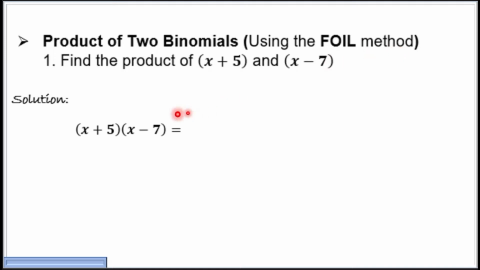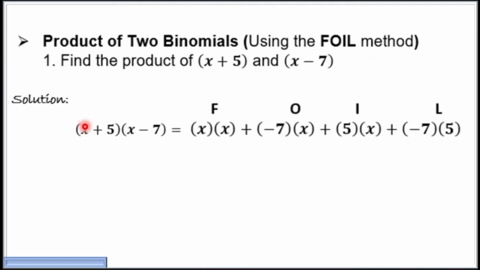Solution: we have x times x, right? FOIL method, first terms. First term, x times x. Then the first term times the second term is the outer term, x times negative 7.